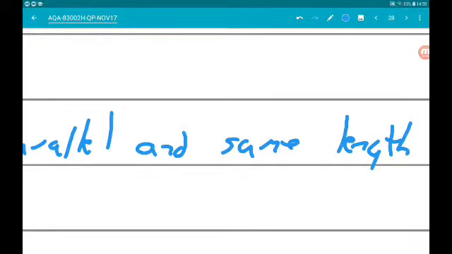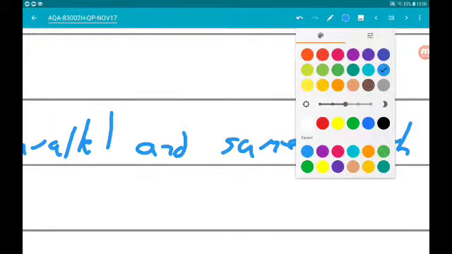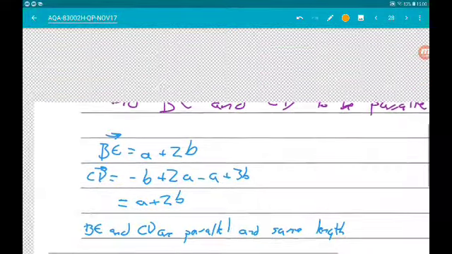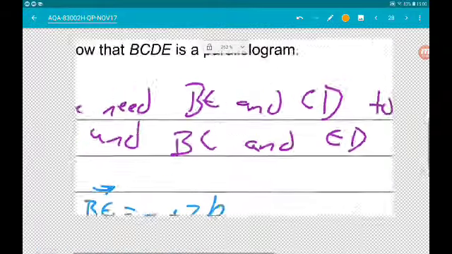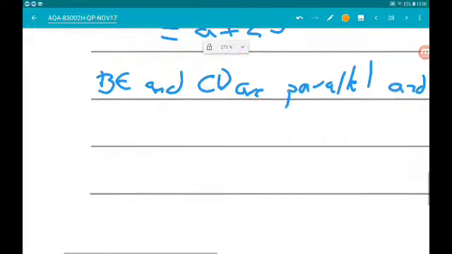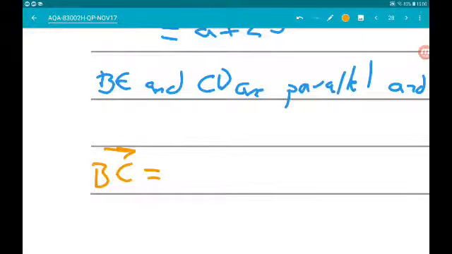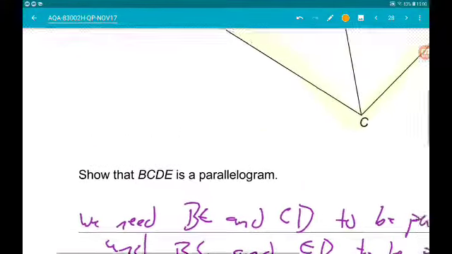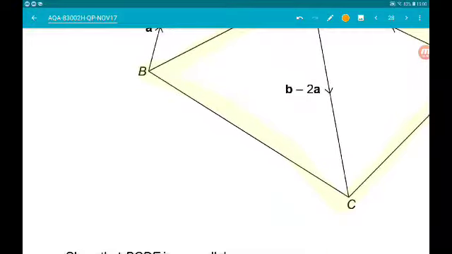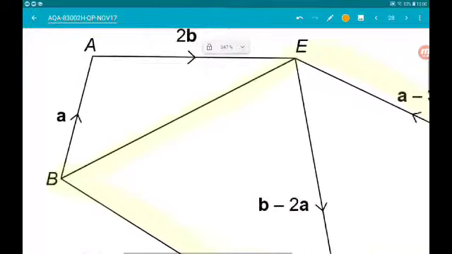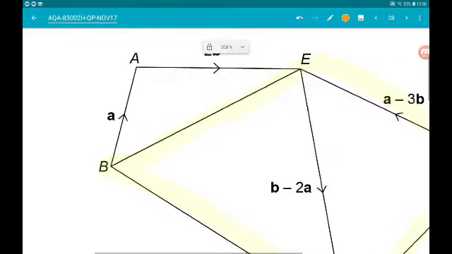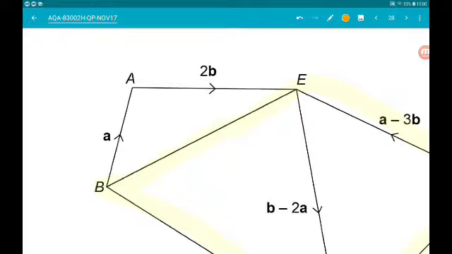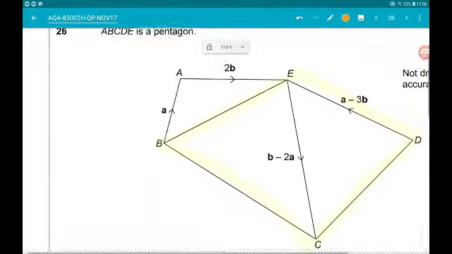Okay, now let's do the same for the other two sides. So let's look at BC. To get from B to C, we're going to have to go up to E. Now we already know that that's A add 2B.